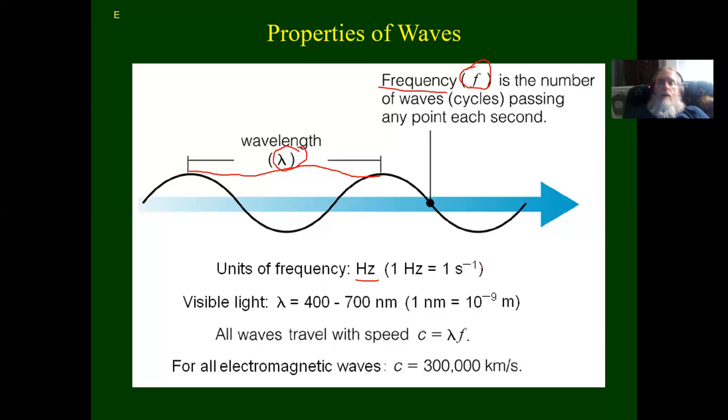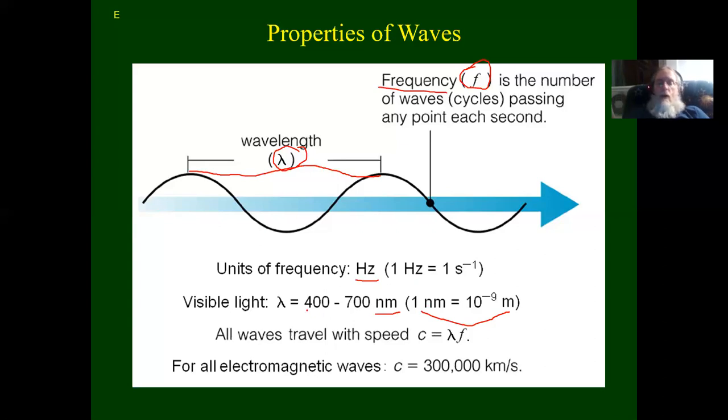Okay, now a couple of interesting things about the wavelengths of visible light. One is that they're small, just a few hundred nanometers, and 1 nanometer is 10 to the minus 9 meters. Sometimes you also see angstroms, and an angstrom is 10 to the minus 10 meters. So multiply these by 10 if you want to convert to angstroms.